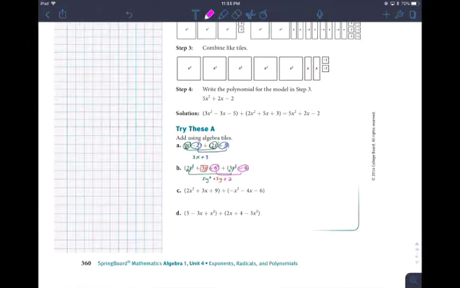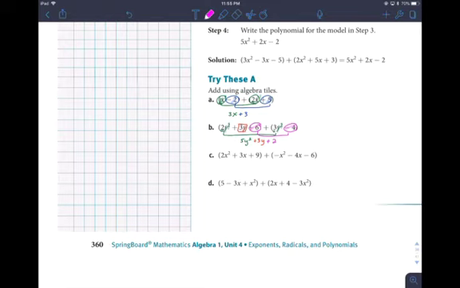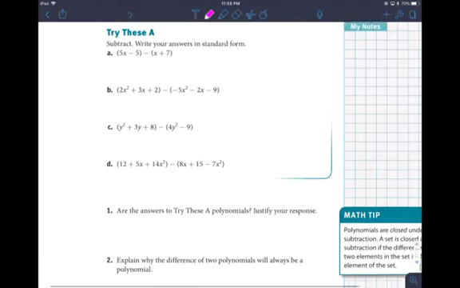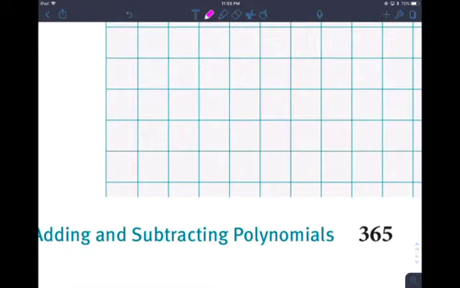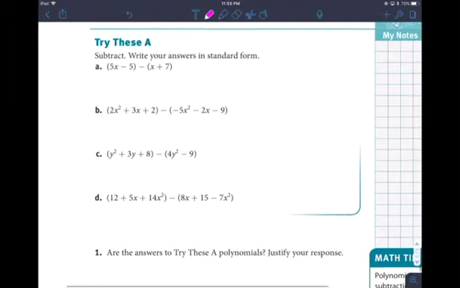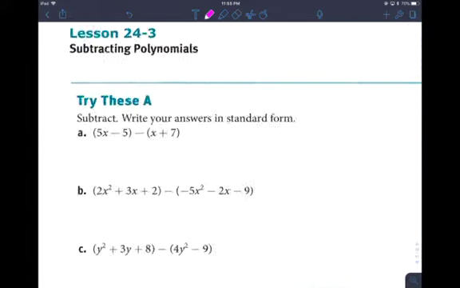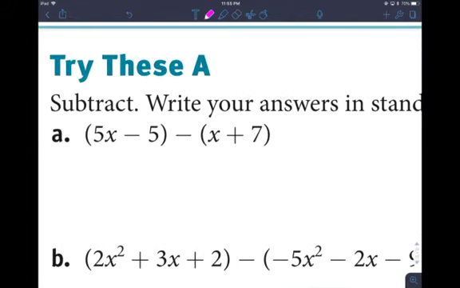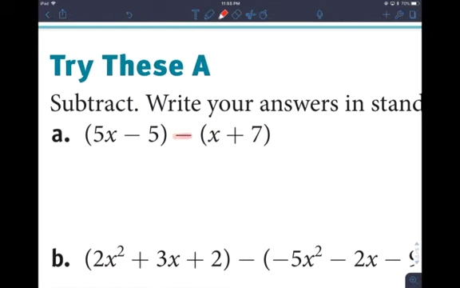Notice that this was page 360. The other examples I'm going to do are from subtracting polynomials. So we're going to jump to page 365. Here are examples of subtracting polynomials. Again, your job is this: recognize your like terms. But notice that now we are very clear, subtracting.